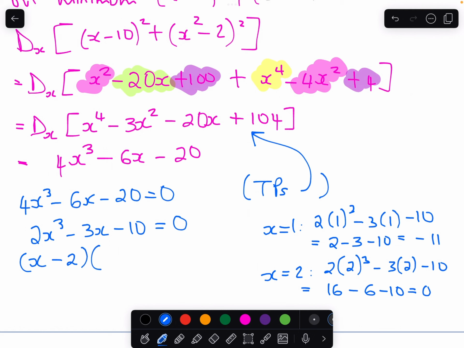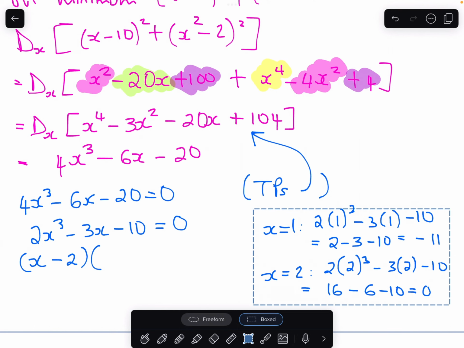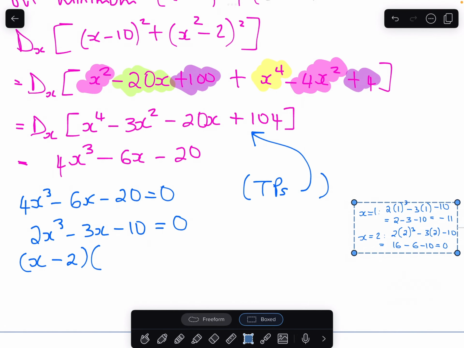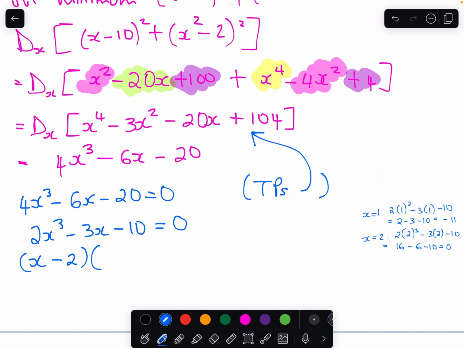And then we know that, firstly, let's just get you guys out of the way a little bit. Okay, right, so we know that this is going to be 2x squared, and the last bit is going to be a plus 5, right? So the x times this gives me that, the minus 2 times that gives me that.